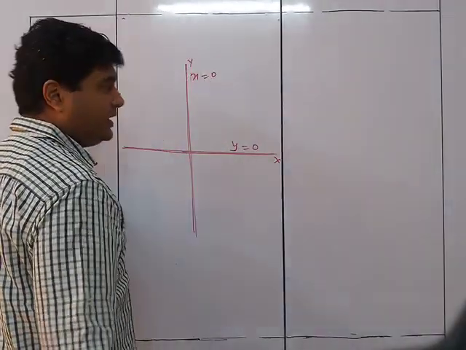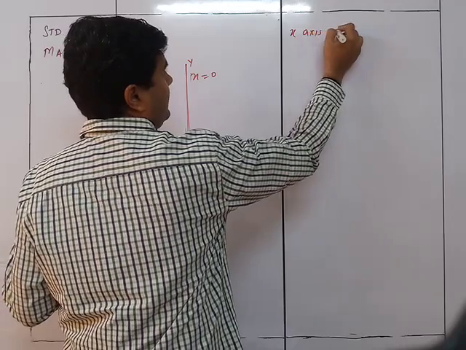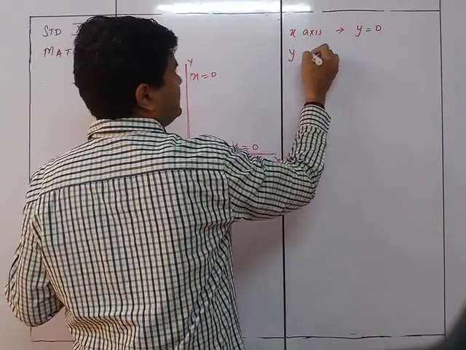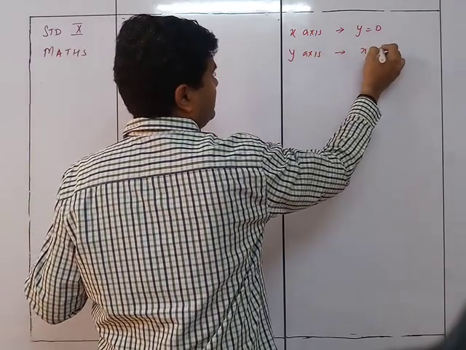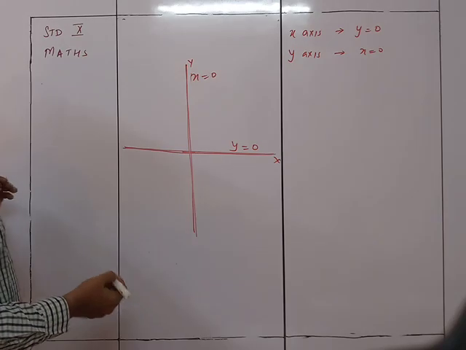We had done this earlier also, but the equation of the x-axis is y is equal to 0, and the y-axis is x is equal to 0. You can easily find out these values also.